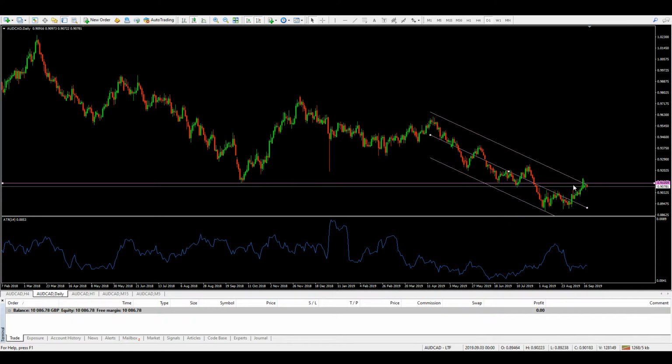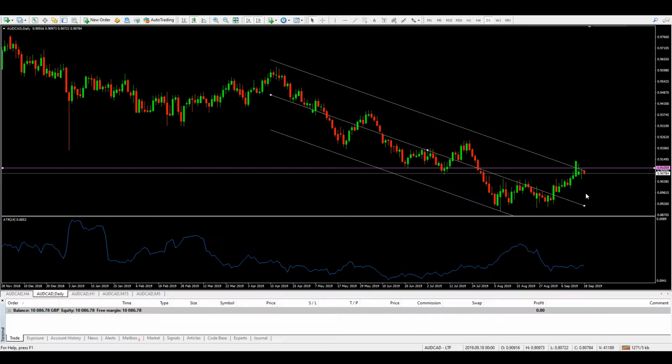It's zonal at the moment, meaning it's not an exact level, but it's clearly having some troubles in previous days moving much higher. And using our standard deviation as another confirming factor, we can see that it's come up to the upper edge of our standard deviation and it's moved away.